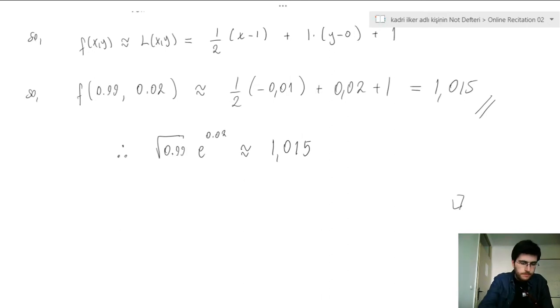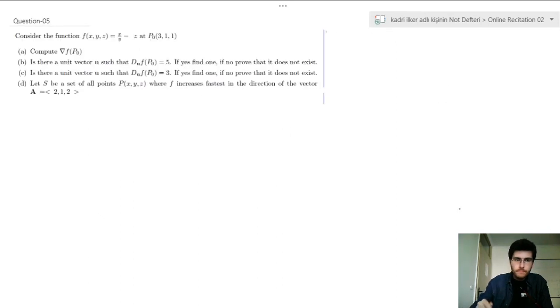Okay, fine. So next one. Now the next one is about gradients and directional derivatives.